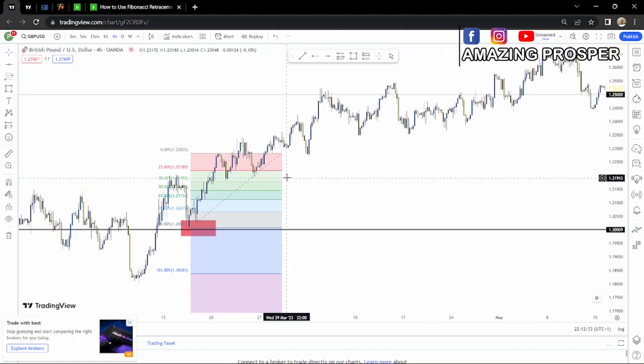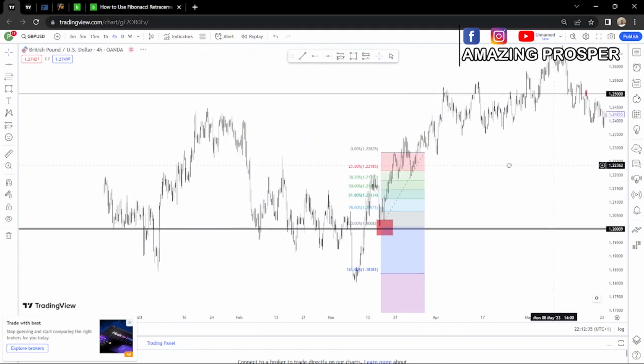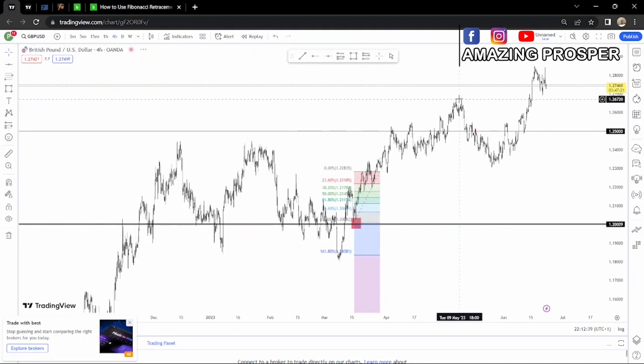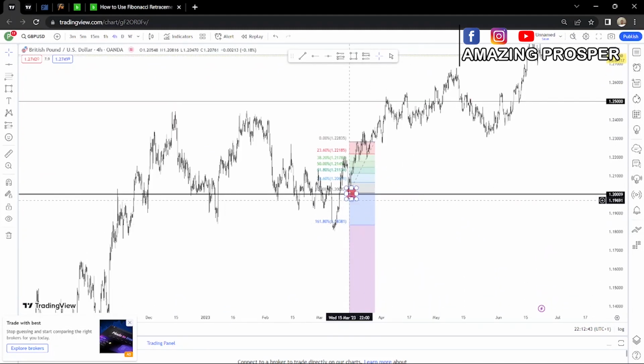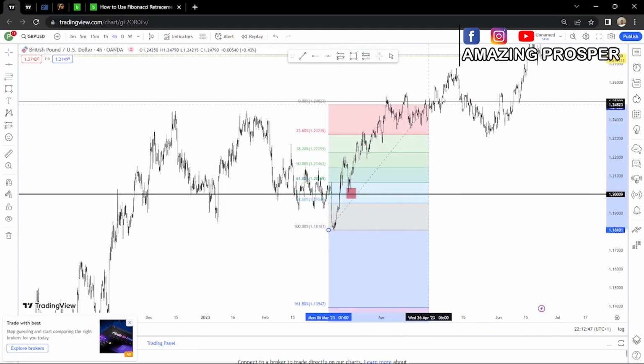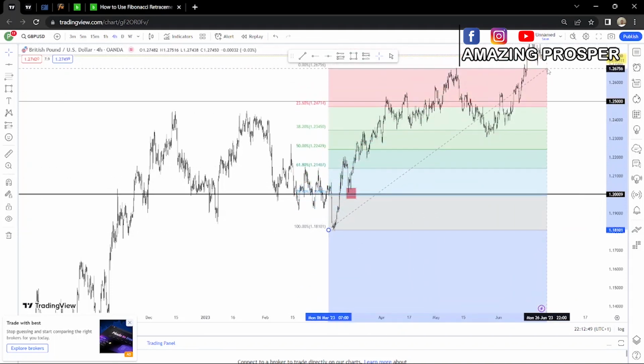You can equally use it when the market is retracing in a big way and you want to know when it is going to find a resistance zone, like this big retracement. How I do mine is this: I will drag it from here to the highest top of the market, if the market is coming down, to know where it is going to find that retracement level.